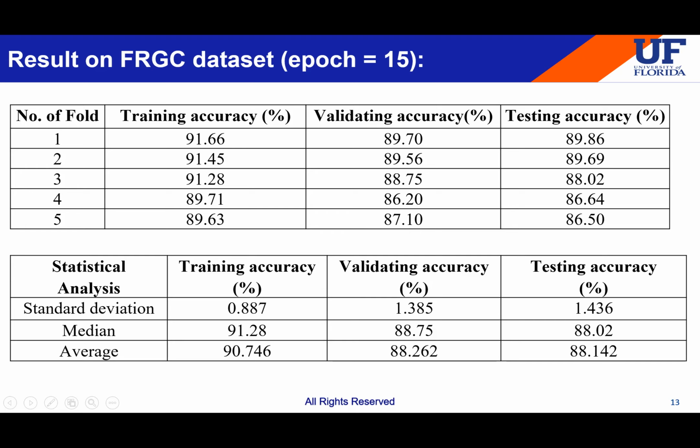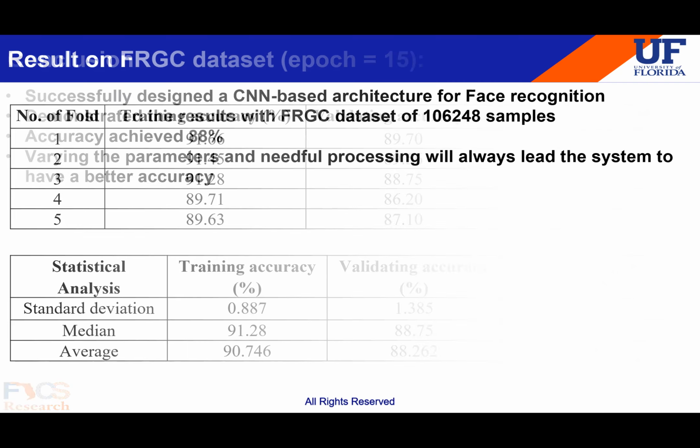That means the results were almost consistent for training, validating, and testing accuracy. And finally, in my project report, I actually used the average value for explaining all the details. So I think these show pretty sound and consistent results, because I did 5 fold cross validation, and in all the folds I got almost similar results.